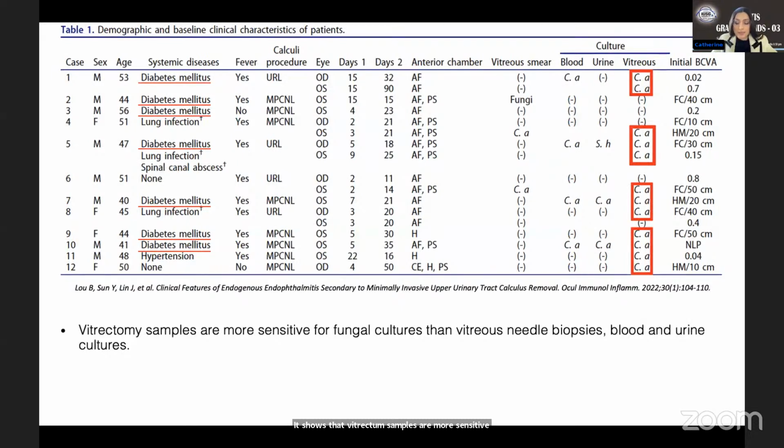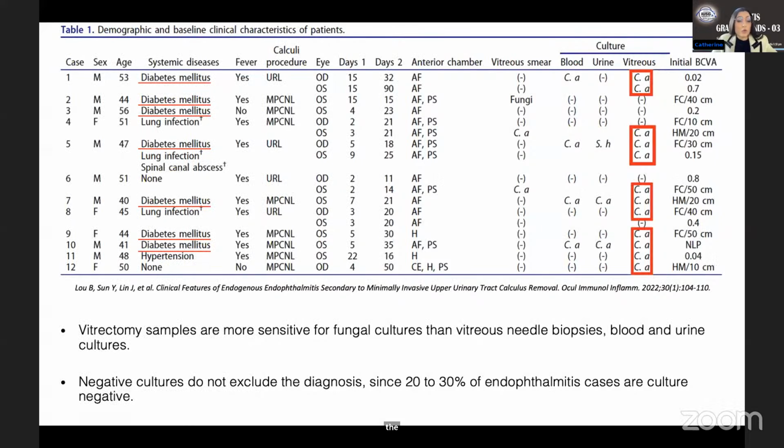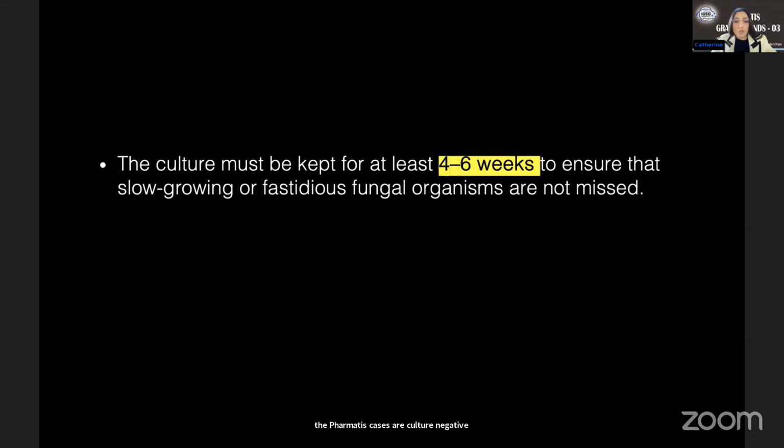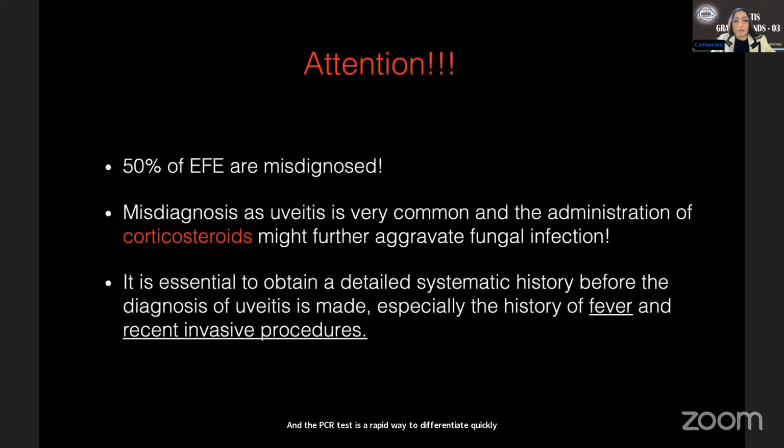Moreover, we noticed that there is a high frequency of diabetes mellitus in those patients, and we also noticed that negative cultures do not exclude the diagnosis, since 20 to 30% of endophthalmitis cases are culture negative. The cultures must be kept for at least 4 to 6 weeks to ensure that fungal organisms are not missed. And the PCR test is a rapid way to differentiate quickly between bacterial and fungal infections.